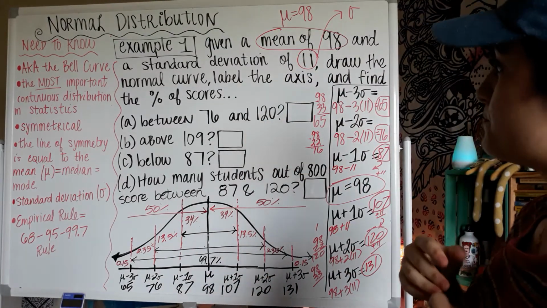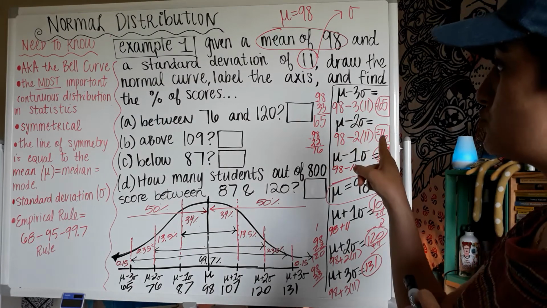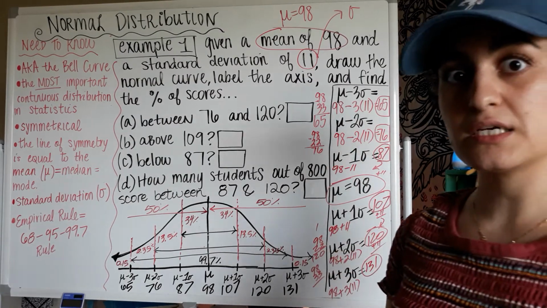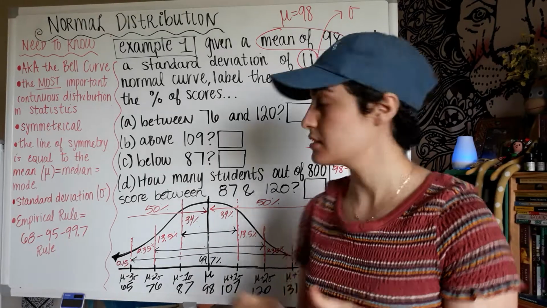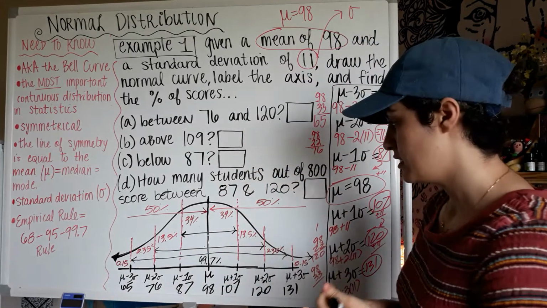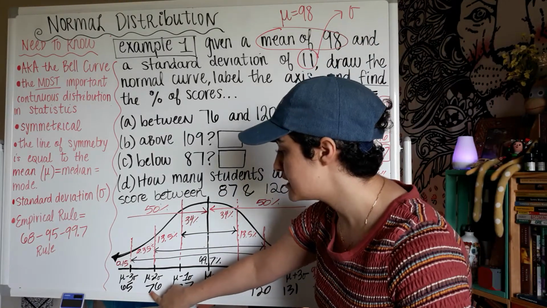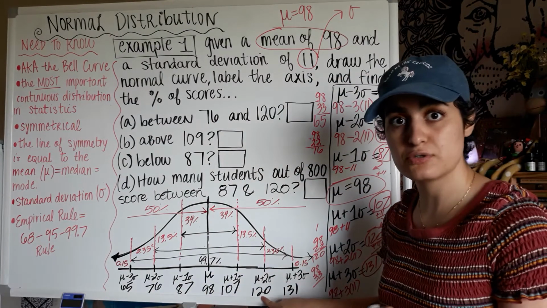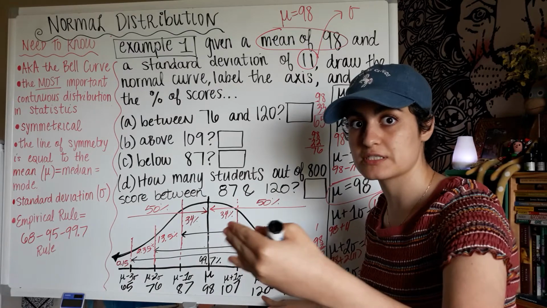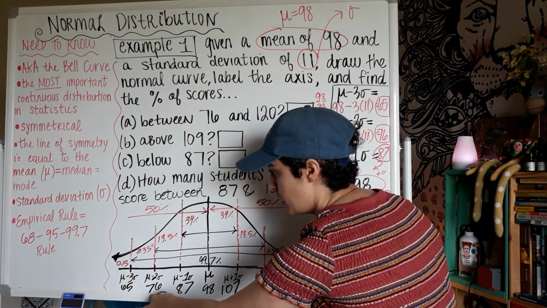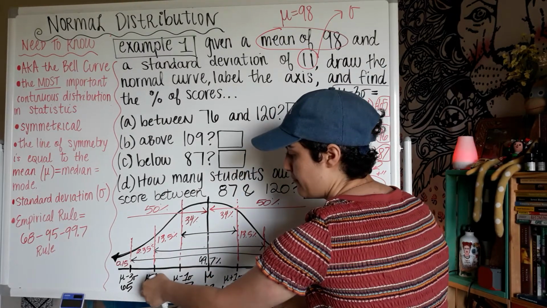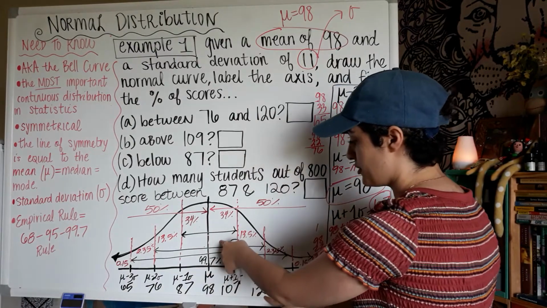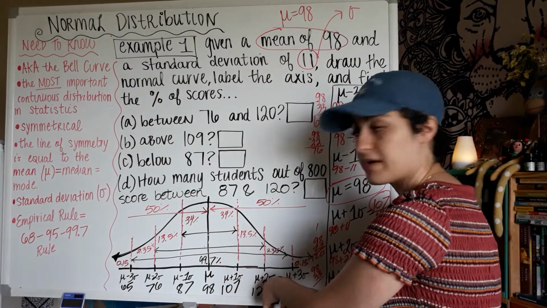So part A, find the percent of scores that fall between 76 and 120. So all you do is you add up those percentages between these two numbers. So it would be 13.5 plus 34 plus 34 plus 13.5.